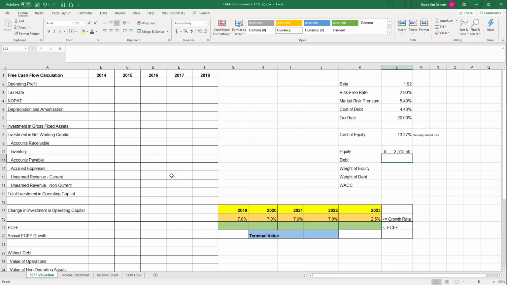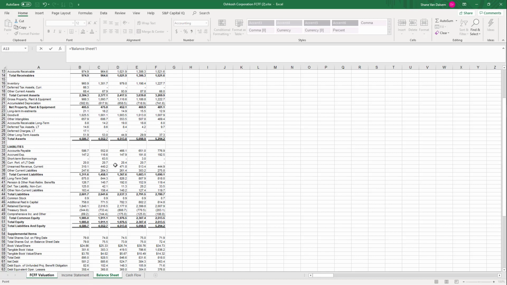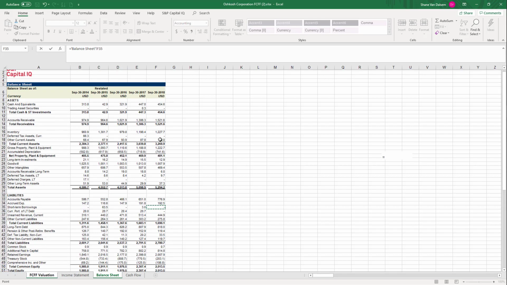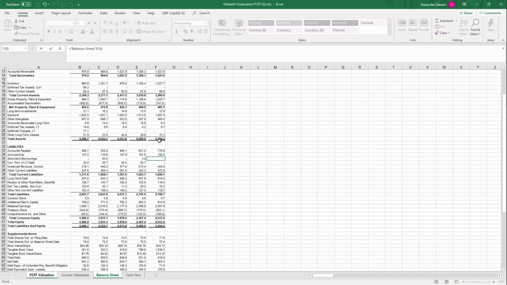2513.5. And the amount of debt, and this is going to be our interest-bearing debt, is going to be equal to the short-term borrowings, which are 0 in this last year. Our current portion of long-term debt, which is also 0, so I'm not going to add those in.